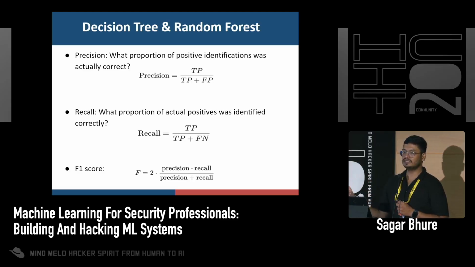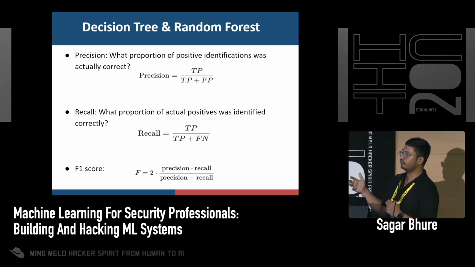So precision is how many true positives there are versus the total number of positive predictions. Let's say it's the cat and dog problem again: you give it an image and you know that it's a cat, and the machine learning model predicts that it's a cat, that's a true positive. A false positive is when it's predicted as a dog. So that's where precision comes in. Recall is what proportion of actual positives were identified.